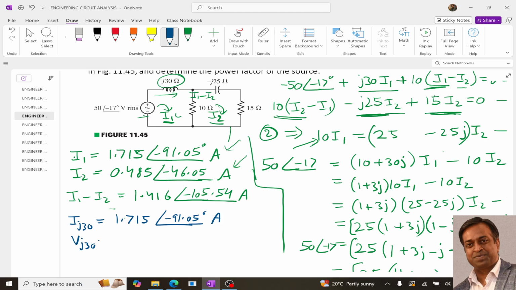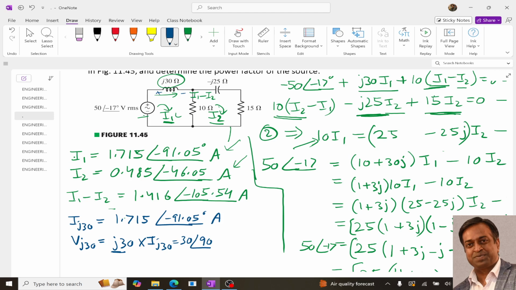Vj30, with plus and minus over here, will be Ij30 into j30, right? And this j30 can be written as 30 angle 90.